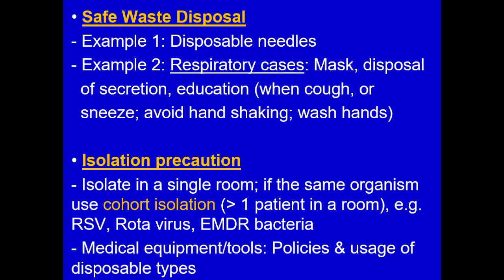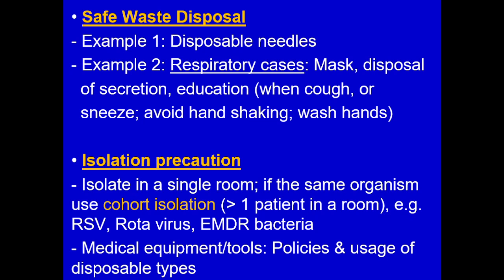There is a general rule on how to use medical equipment and tools. Bronchoscopy, for example, a bronchoscope, endoscope, and so forth. And any material that you have to use, gowns, for example, towels, covers, syringes, etc. But try to use disposable ones.